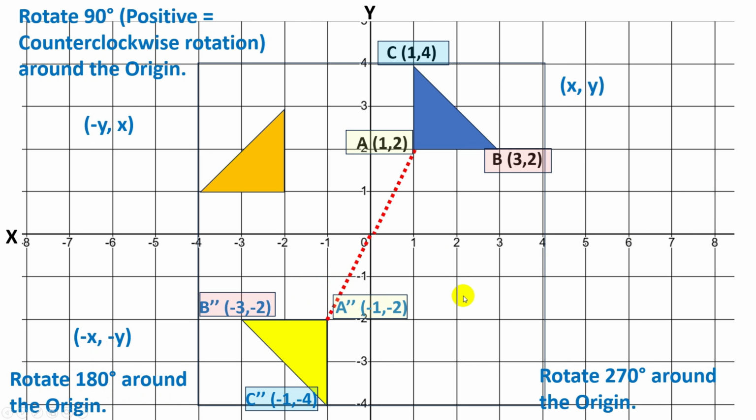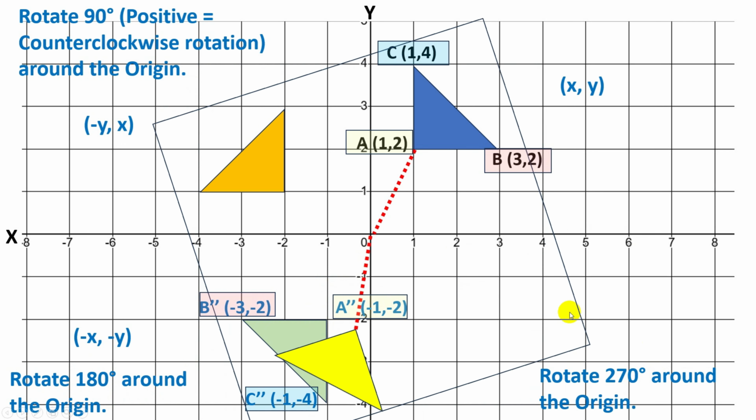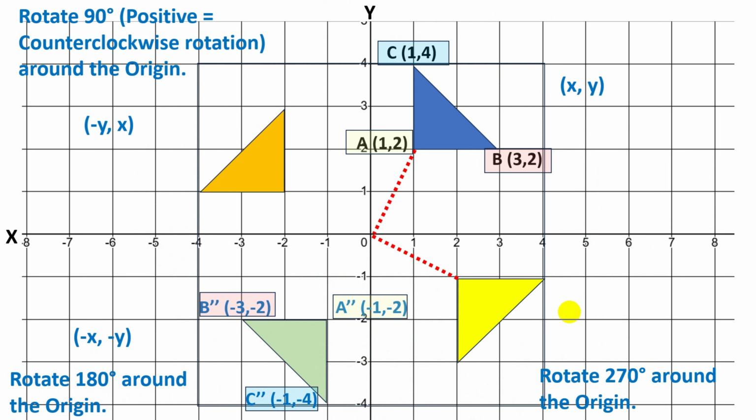So now we're going to rotate 90 extra degrees to get 270 degrees around the origin. Basically, we rotated the blue triangle 270 degrees.